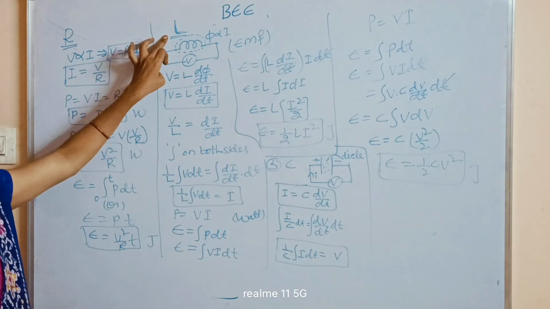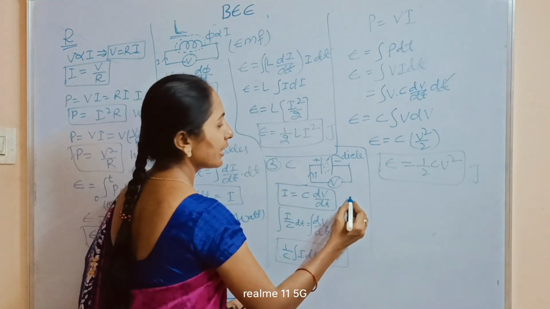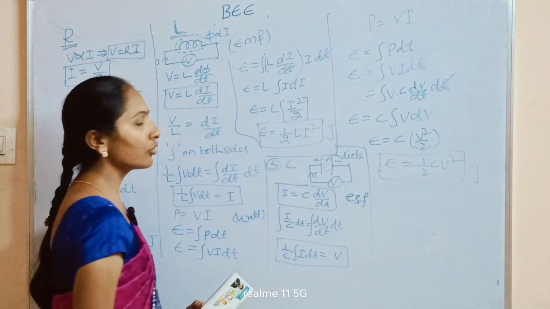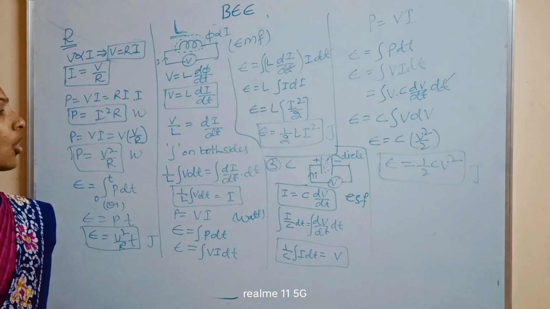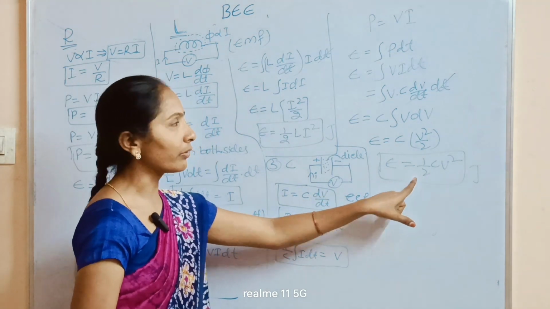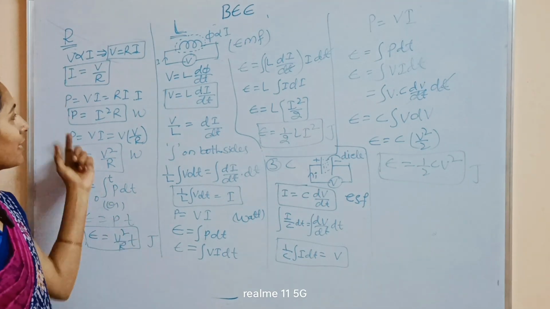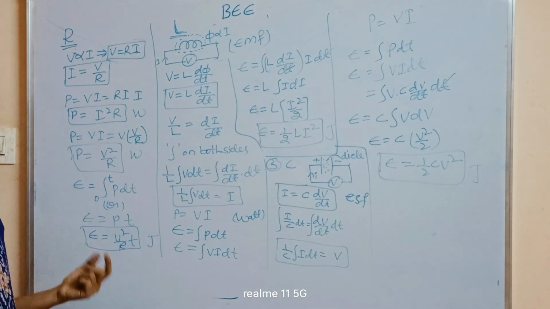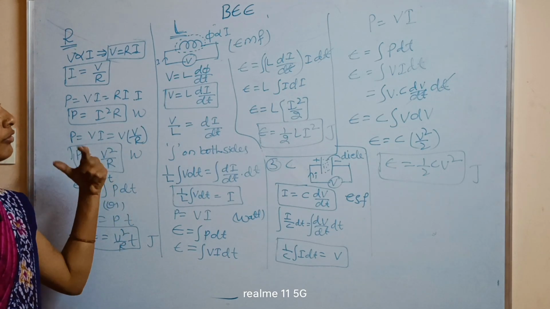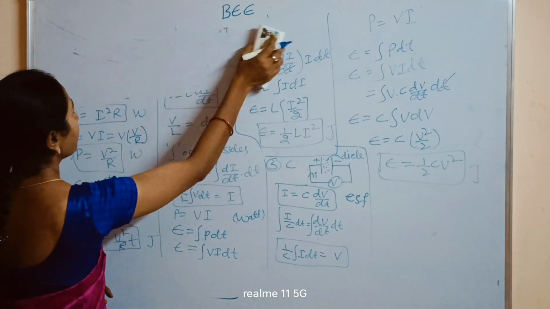The inductor stores energy in the form of an electromagnetic field, and the capacitor stores energy in the form of an electrostatic field. How much energy can it store? Half CV square joules, and for the inductor half Li square joules. Based on these mathematical equations, we can tabulate the final VI relationship of passive elements.